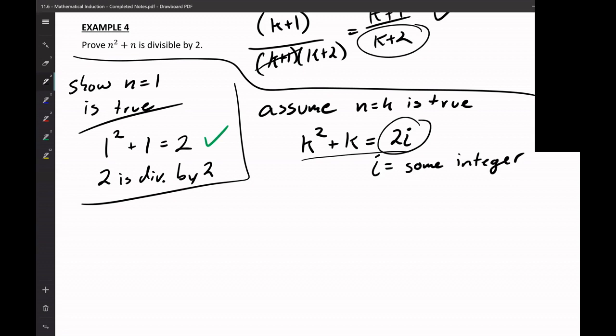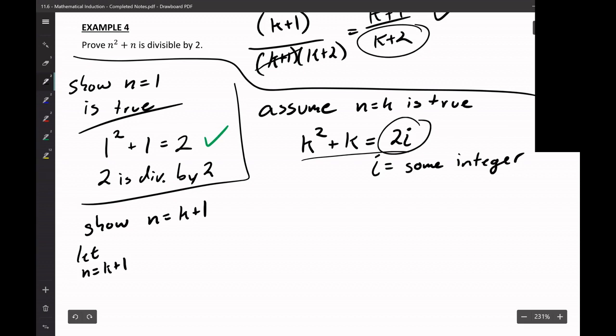So let n equal k plus 1, and plug it into our expression up here, n squared plus n. So we end up with k plus 1 squared plus k plus 1.